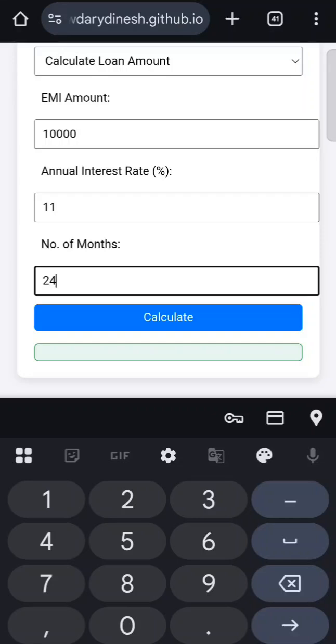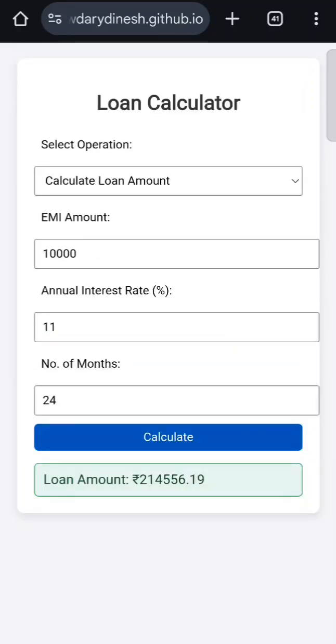Now he wanted to find out how much loan he will get. For that we have built this functionality. Based on these inputs, 10,000 EMI per month, 11% annual interest rate, and 24 months, he's eligible to get 2,14,500 rupees. So this is another functionality.